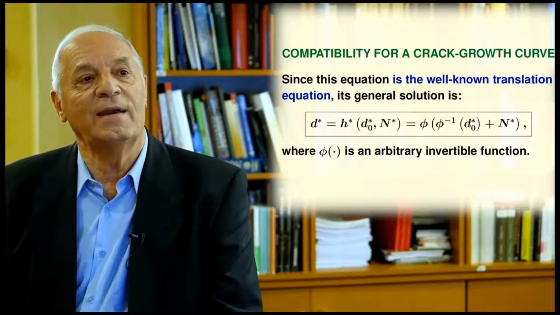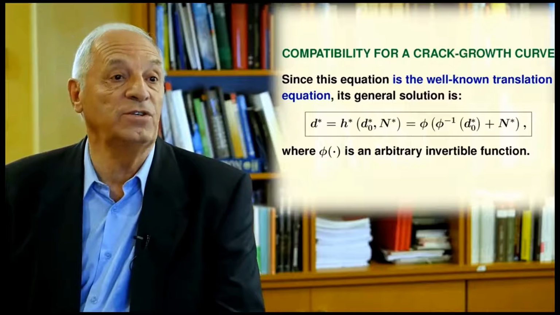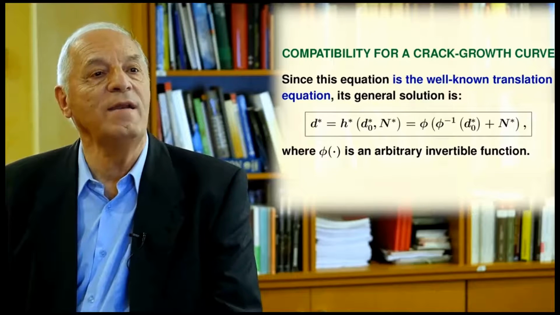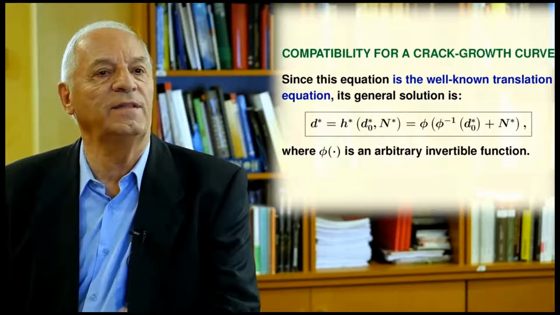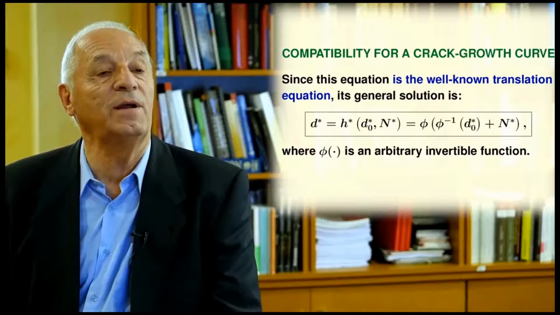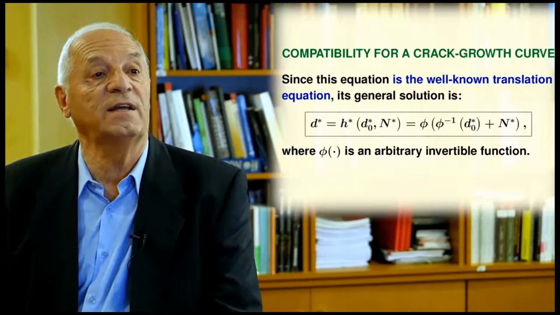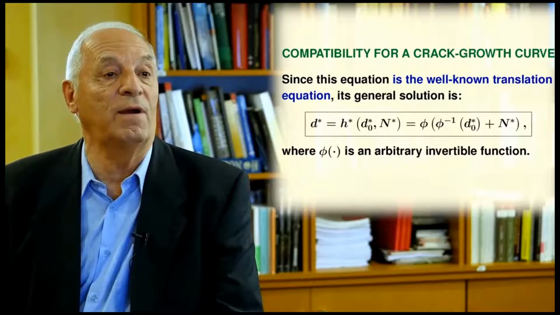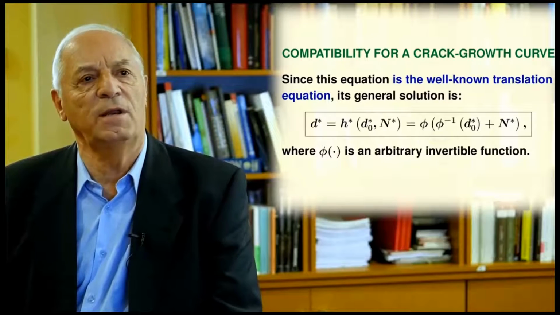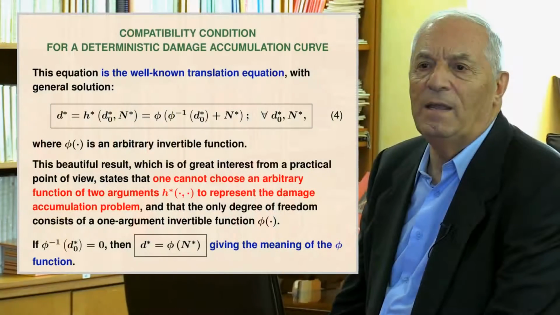And now we can write this function with only one function of one argument. That is, the model is much simpler than we expected. And functional equations tell us that the phi function has to be invertible. So this is a very interesting result. If the inverse value of d0 by function phi is null, we get that the damage d is equal to phi of n.